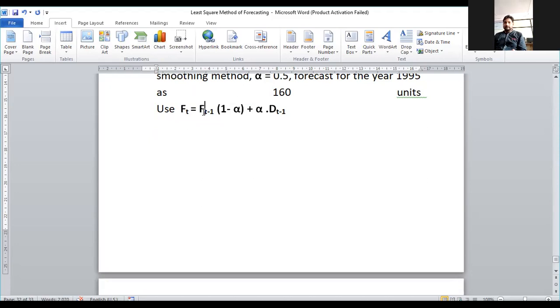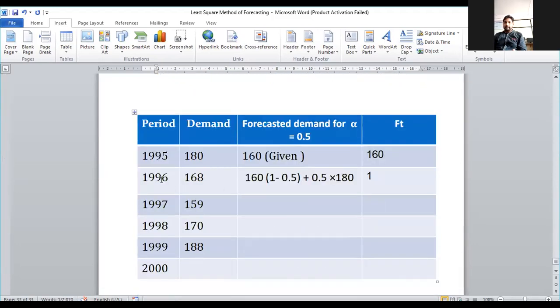So if you are considering the 1996 year as F of T, then the 1995 year is F of T minus 1. The forecasting for that period, that is 160, becomes F of T minus 1, and in a similar fashion, the actual demand becomes D suffix T minus 1, equal to 180. So 170 I will consider over here.